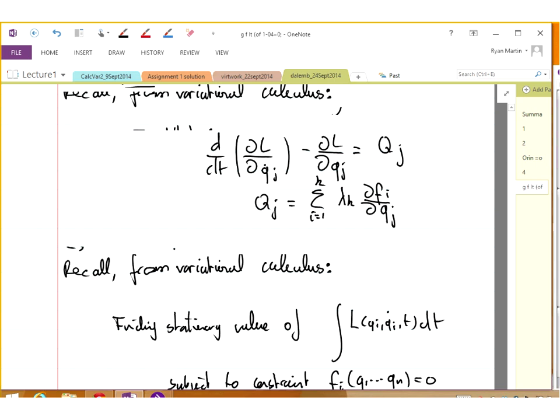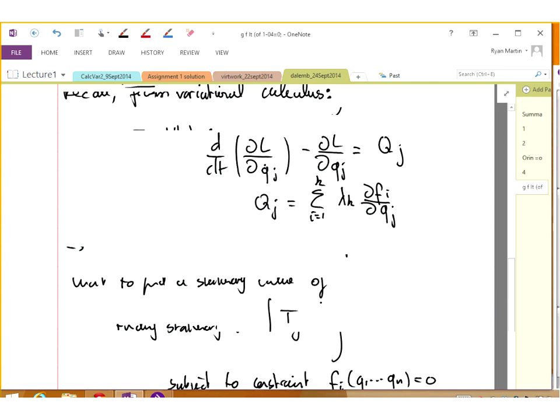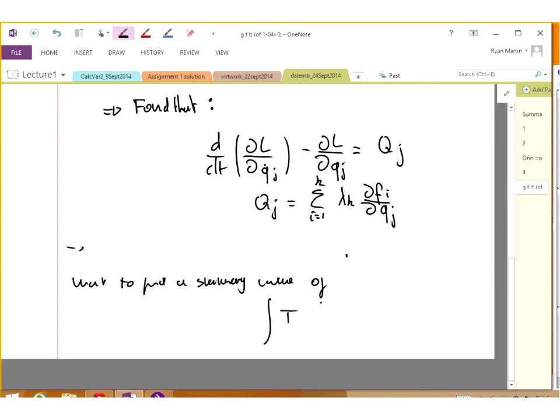So this is similar to D'Alembert's principle, where we want to find the stationary value of some integral of the kinetic energy over time.